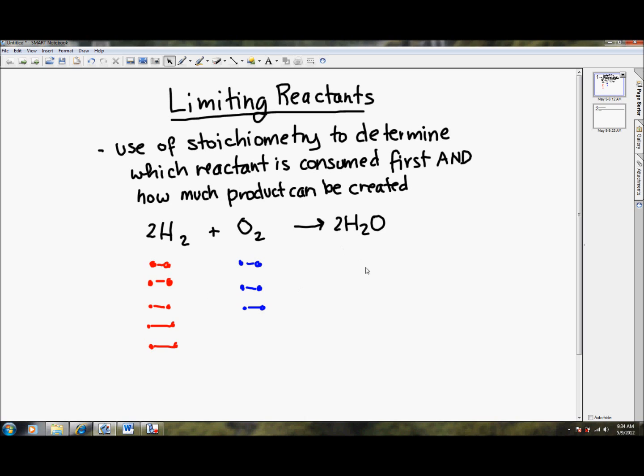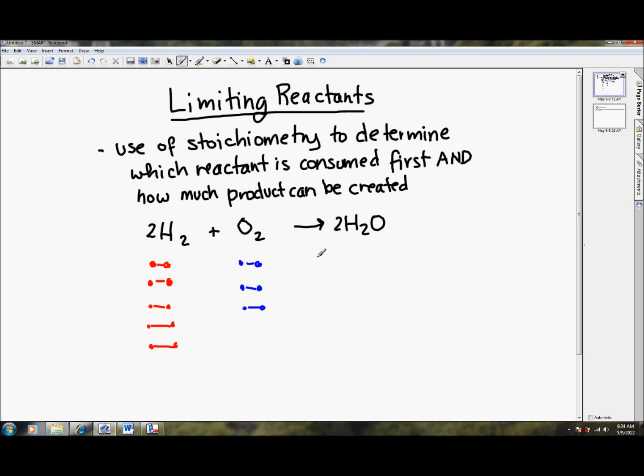We don't know anything about how much product we can make yet, because we just simply have a bunch of hydrogen and a bunch of oxygen, and you can tell that they're not present in the perfect stoichiometric ratio.